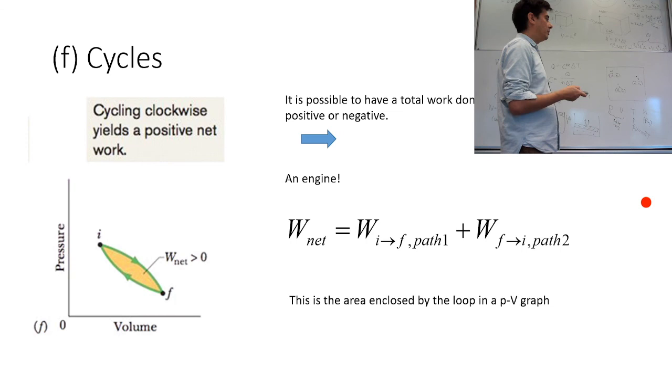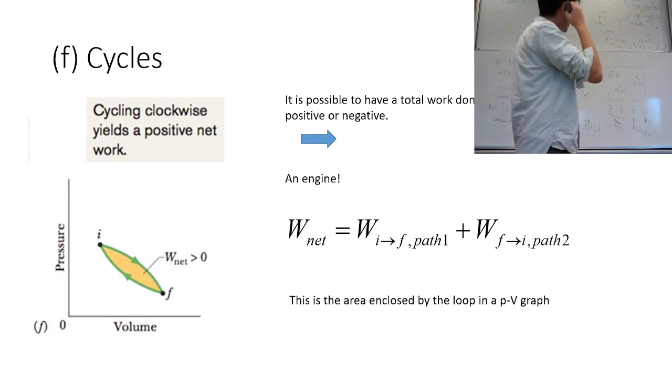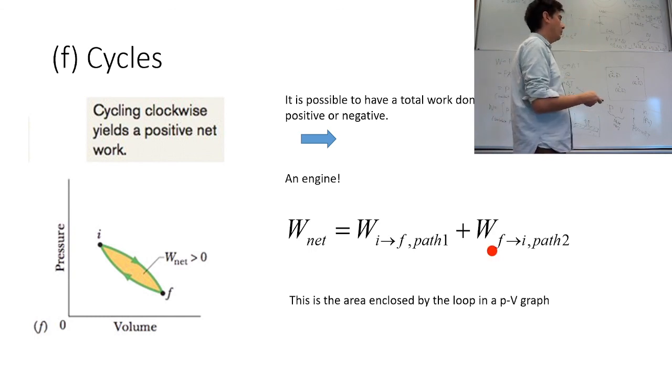Going in the reverse direction from the final to initial, because you're integrating in the reverse direction, it will be negative. And if this is a different trajectory to the first one, then this negative value will be less than this one, and so overall this will be a positive amount, and it's actually the area between these two curves.